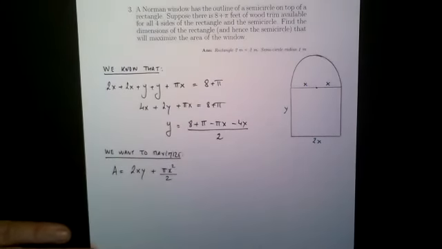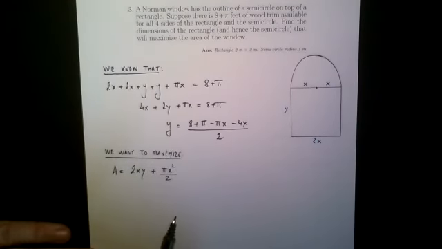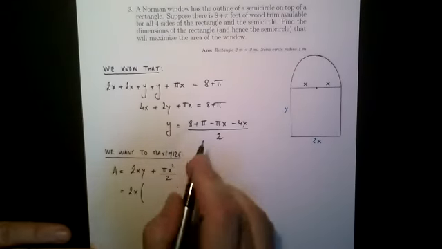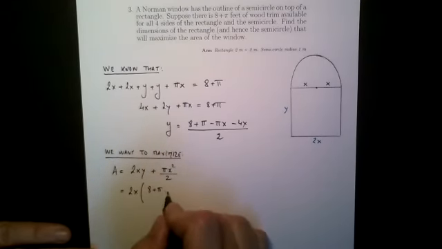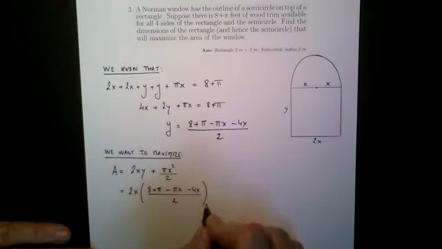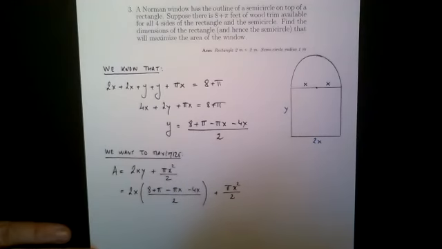Okay, what do we do now? Replace the y by what? By this, right? 2x times this big expression, 8 plus pi minus pi x minus 4x over 2, plus pi x squared over 2.